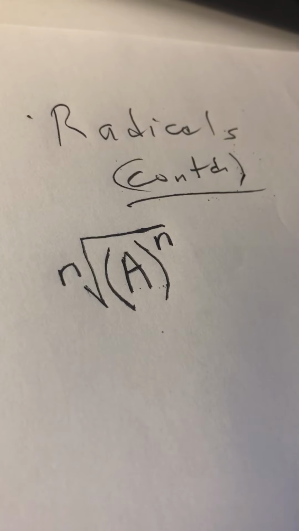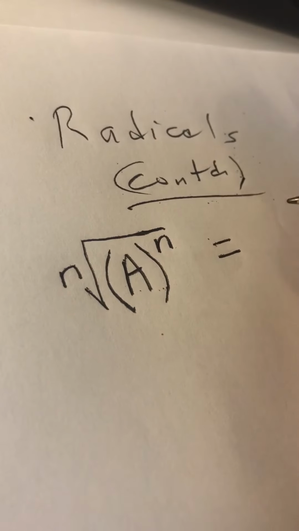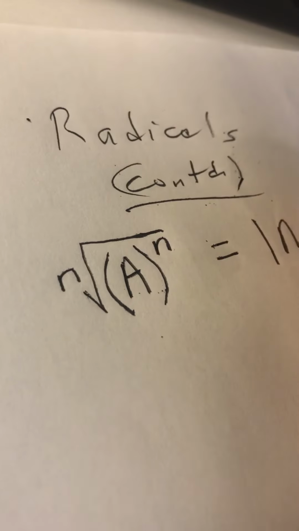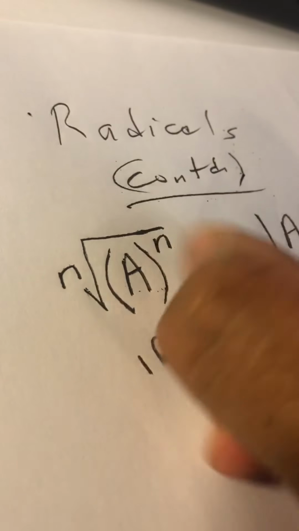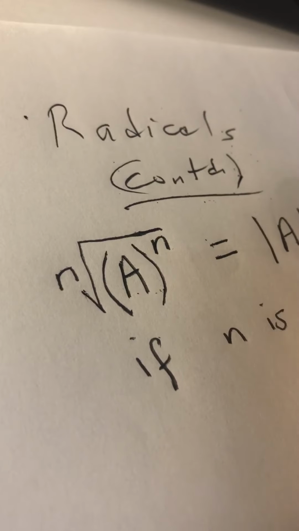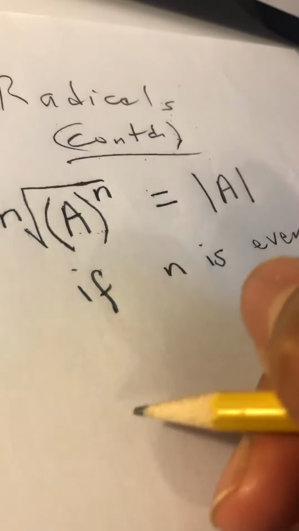The nth root of some value a to the n is equal to the absolute value of a if n is even. So note that.